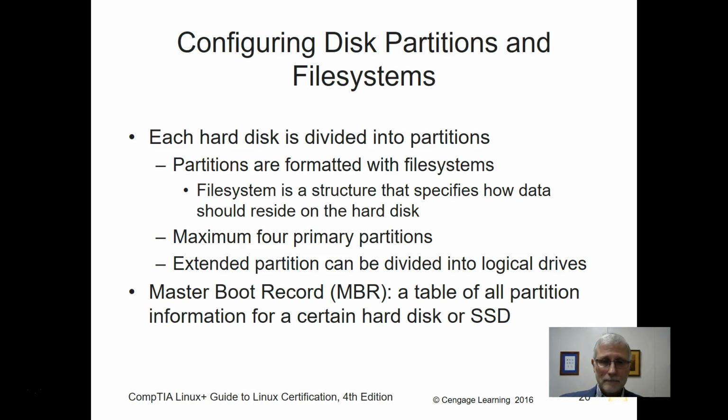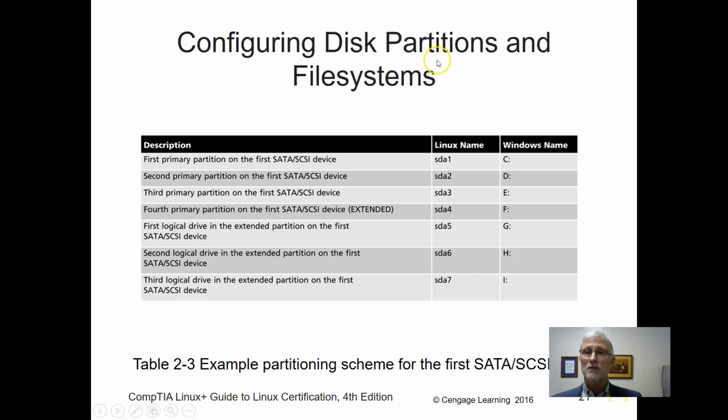Then in your operating system, the master boot record is a table that shows all the different partitions and information about all the hard drives and anything out there. Now, Linux gives certain names, so you get used to that. Right now, you're used to the C drive or a D drive or other Windows type drive.